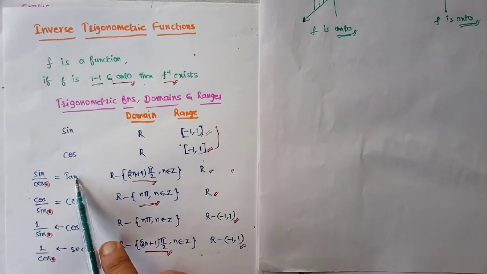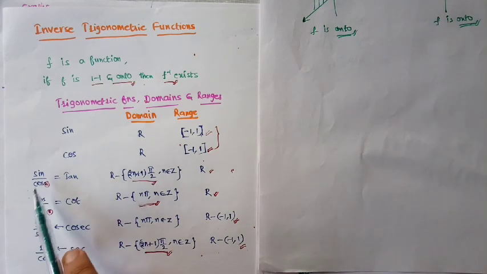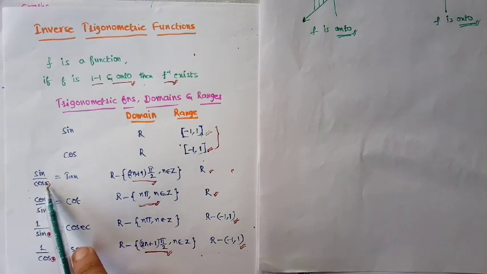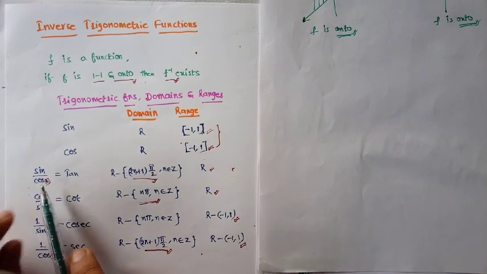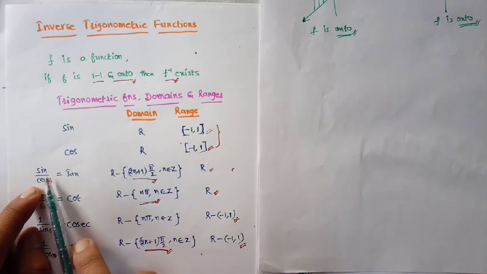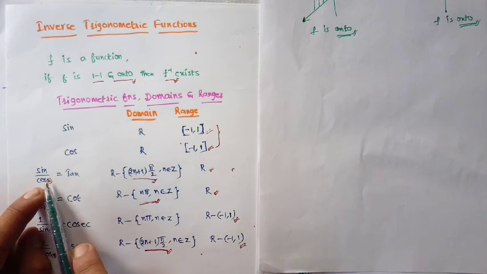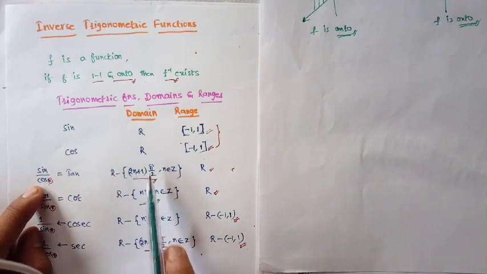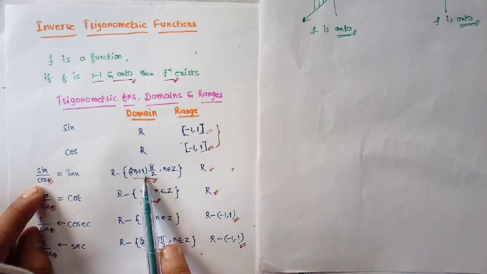Tan can be written as sine by cos. Cos is there in the denominator. When cos becomes 0, sine by 0, the function will not exist, like infinity we are going to get. Cos becomes 0 at (2n+1)π/2, odd multiples of 90.